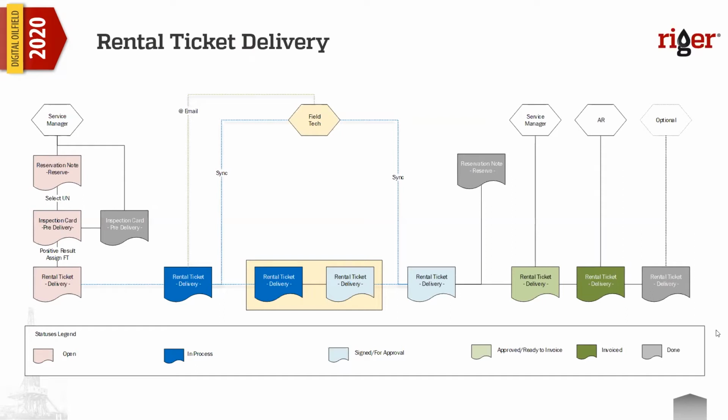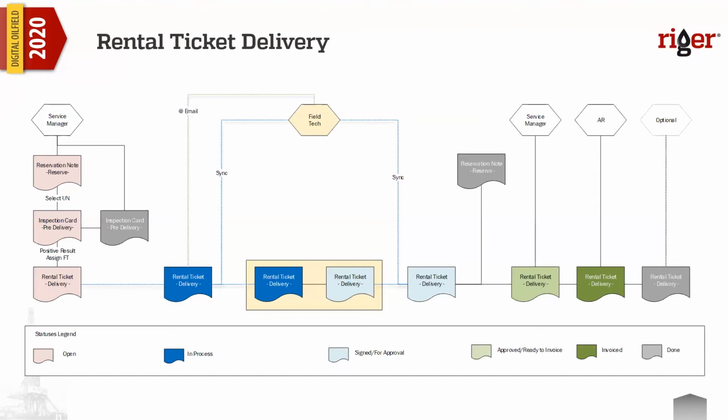Here on that flowchart, you see in the yellow box the mobile application scope. He performs just two actions in the mobile application. He checks the rental ticket delivery, checks the equipment, and when the equipment gets delivered and maybe some additional information gets entered in the ticket in the mobile app, the field technician just changes the status of the ticket from in process to signed for approval.